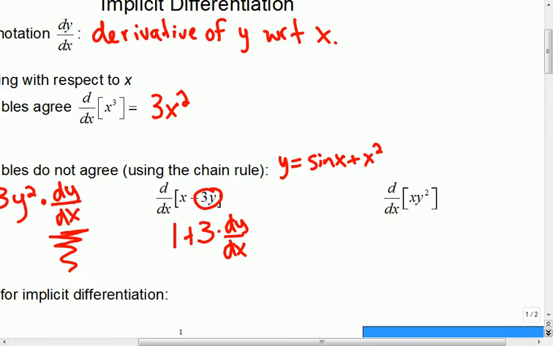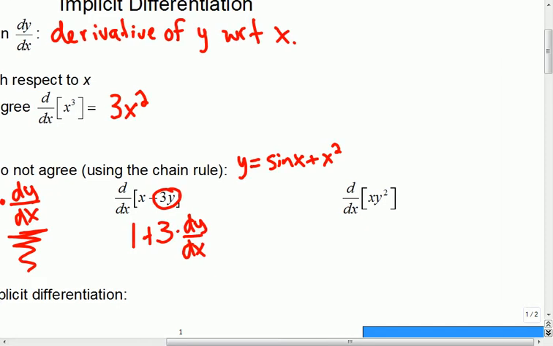Okay, so for this one, you could still apply the rules that you know, but you just have to be careful about keeping track of whose derivative you're taking. So this one's going to be a product rule question, and it's going to be the derivative of x times y squared plus x times the derivative of y squared with respect to x. So that means it'll be 2y times dy by dx.